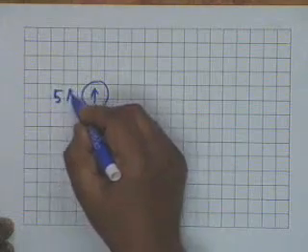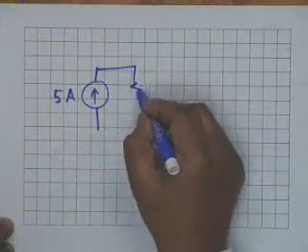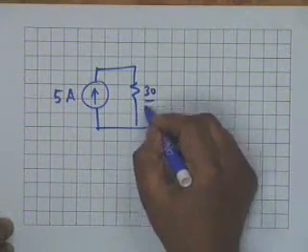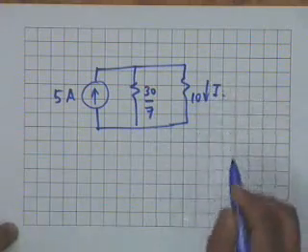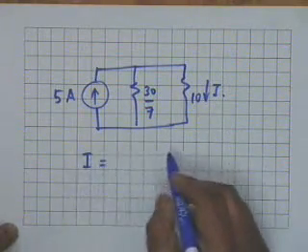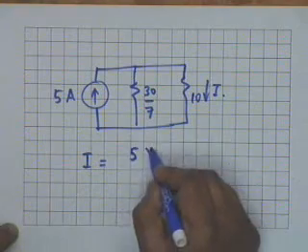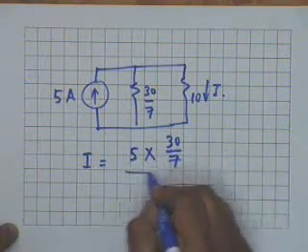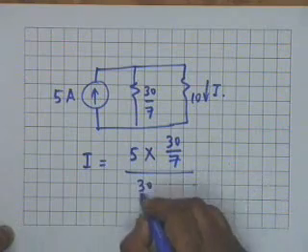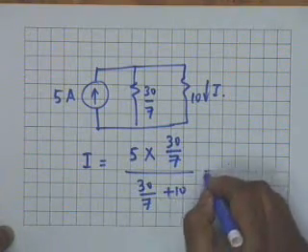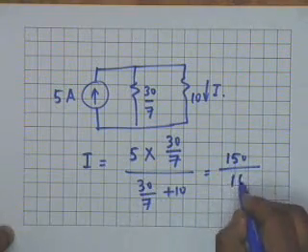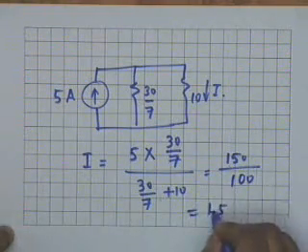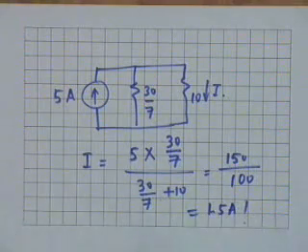Then the equivalent circuit becomes 5 amperes in parallel with a 30 by 7 ohm resistance in parallel with a 10 ohm resistance, and this is I. Therefore I can be obtained by inspection: 5 multiplied by 30 by 7, divided by 30 by 7 plus 10, which is simply 150 divided by 70 plus 30, that is 100. So this is 1.5 ampere. We have got this result again and again.